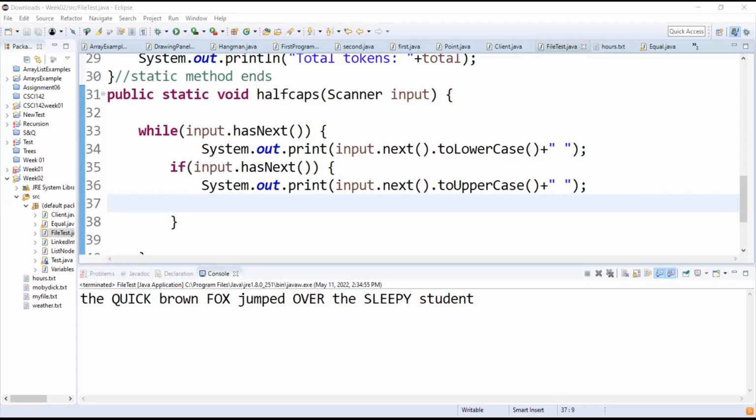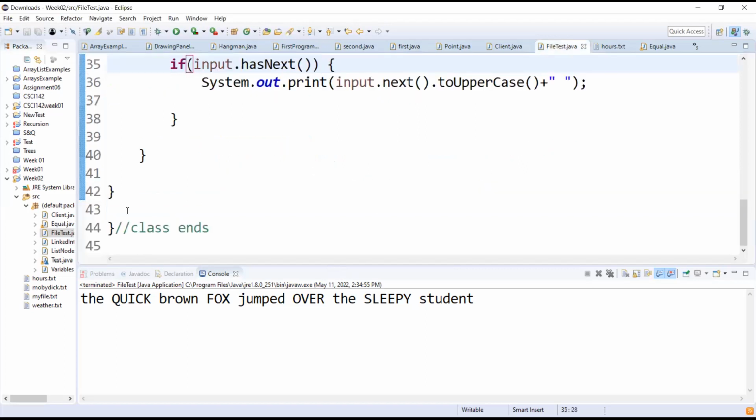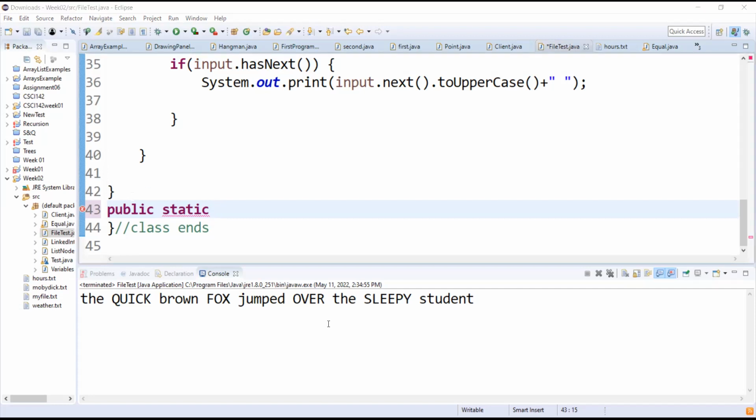What we have is a public static method. Let's write our static method over here. So it's a public static. And what is the return type? What are we returning? We are returning void, and we are not returning anything.